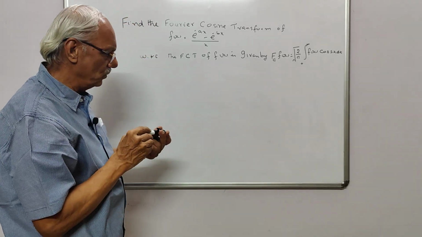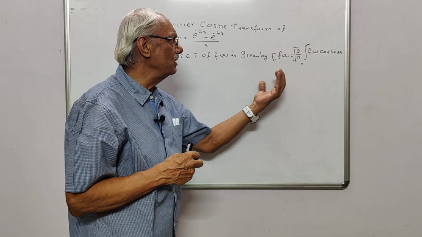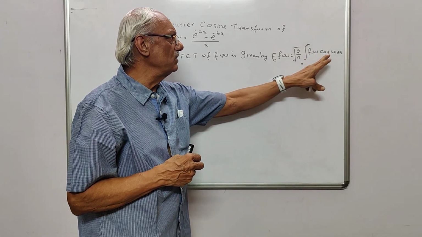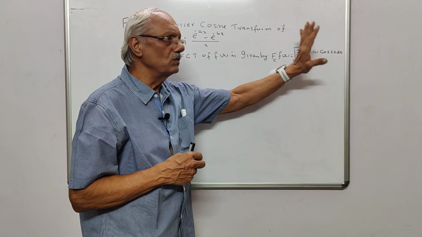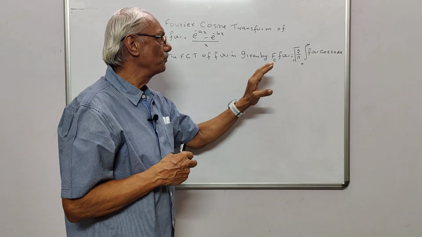So this is the Fourier cosine transform, and if you want the inverse of this, it will be nothing but f of s into cos sx into ds. So that is the inverse Fourier transform.